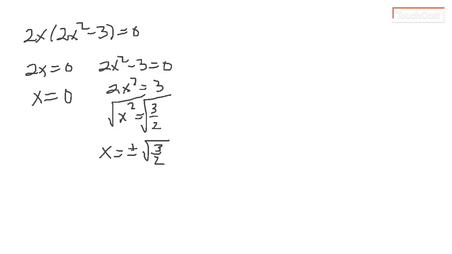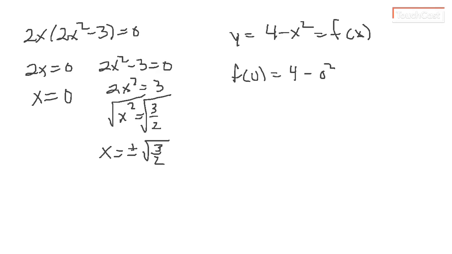And all that matters now is plugging these x values into our function, our y equals 4 minus x squared. So, if we found, we'll just say y equals 4 minus x squared, we can also call that f of x. If we were finding f of 0, we'd have 4 minus 0 squared.